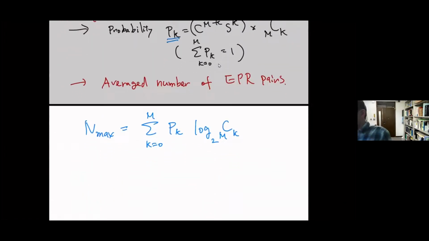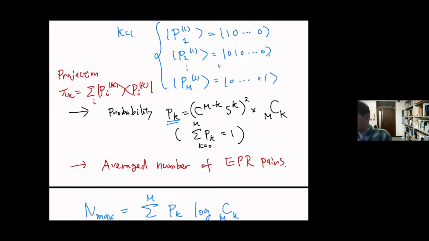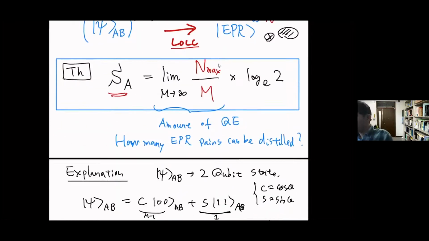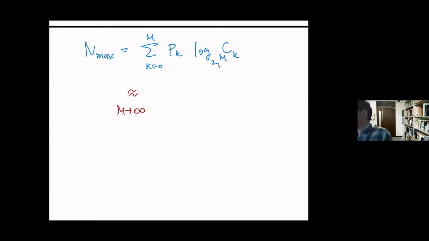And yeah, so here actually this is the answer, but we can go a little further, because we can take some limit. We take an asymptotic limit where m goes to infinity. Please remember this formula. As n goes to infinity, we can do a saddle point approximation. I'm not going to do this; it's kind of an exercise.